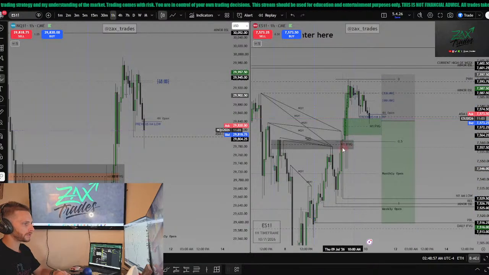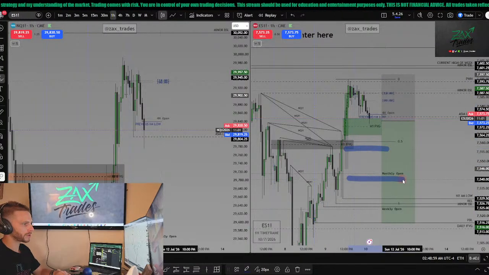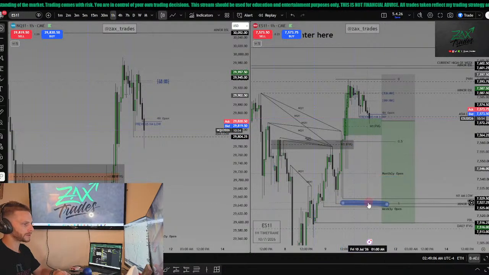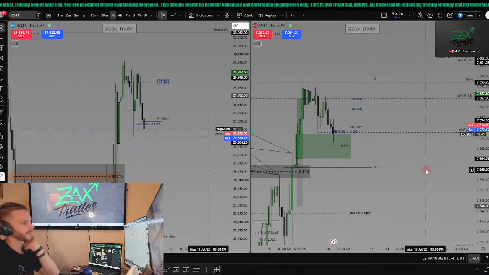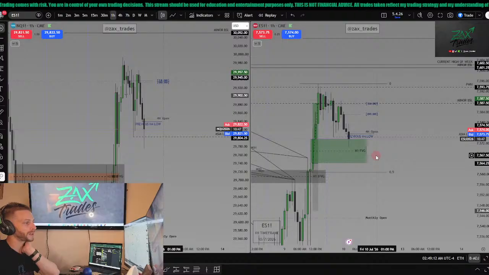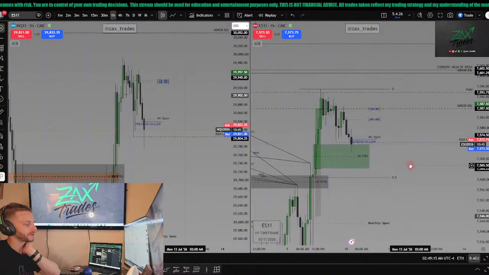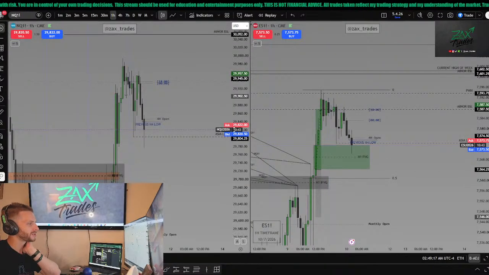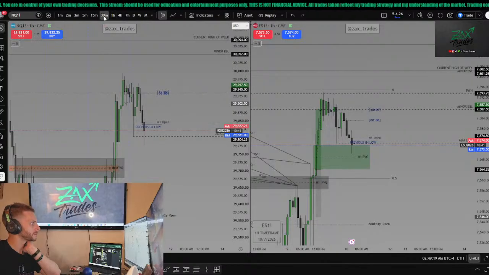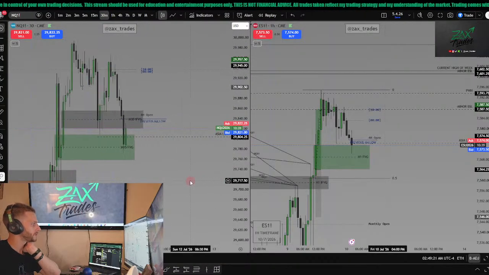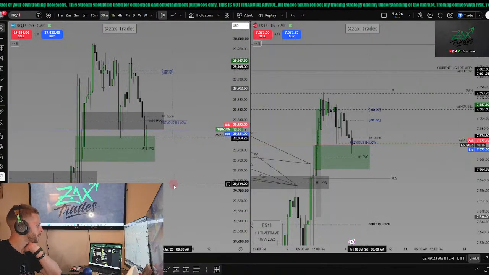I would really like it better if you had some structure in here where you could have some scale outs and you weren't sitting here waiting for ES to drop 50 points just to finish your trade. Because this 4 hour candle may not deliver that many points, and then you're waiting, and then you're starting a new 4 hour candle. So, Illuminator, I'm not sold completely on the shorts. No, not yet.